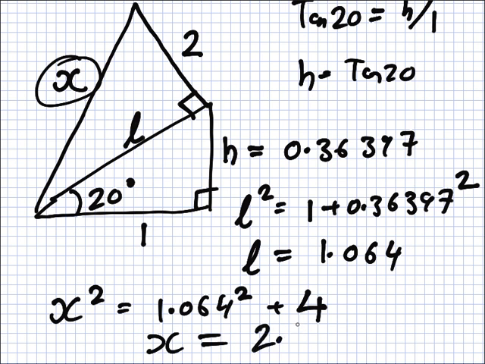Square root. 2 point. So if I do 3 significant figures, it'd be 2.27. Yeah? Yes? Yeah? Okay, that maybe was too easy for you. Let me give you a harder one.